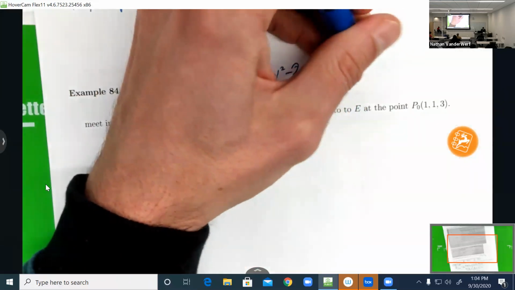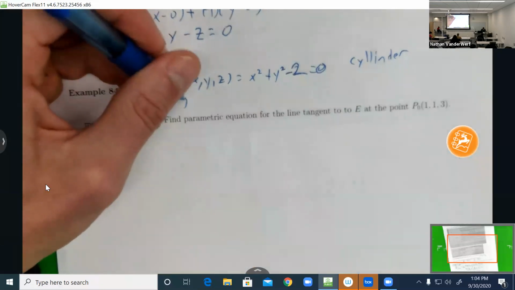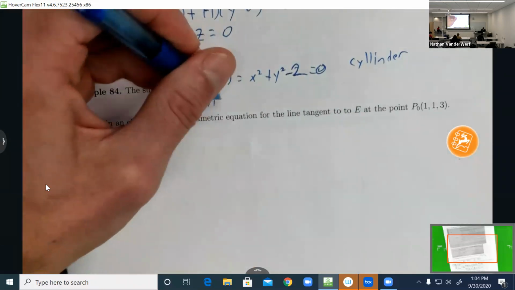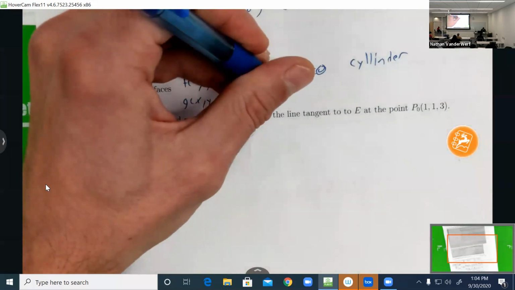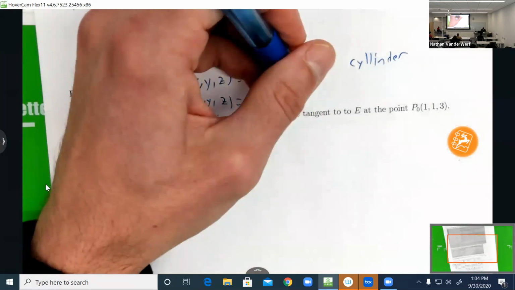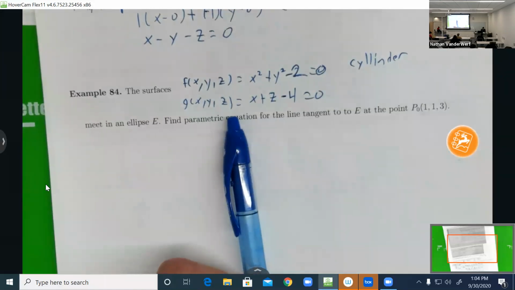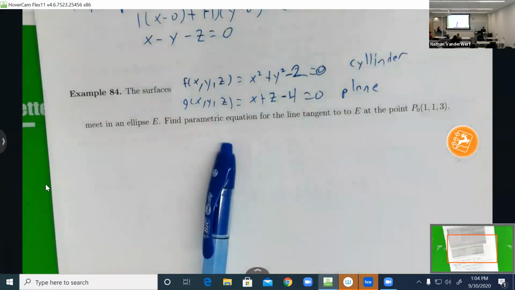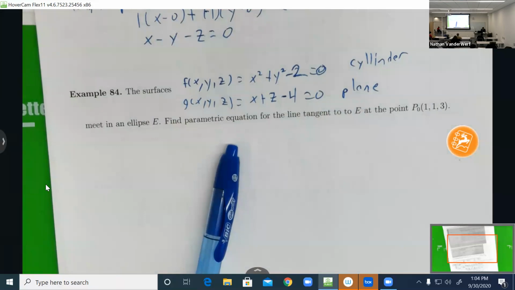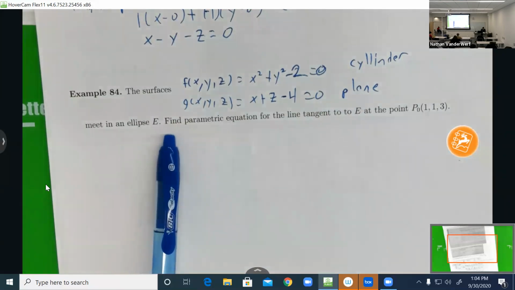So this is a cylinder, right? And let's have g of x, y, z be x plus z minus 4. This one is defining, if we set this equal to 0, again, y can run freely. So this is going to make a plane, and this meets in an ellipse E. So why does this meet in an ellipse?